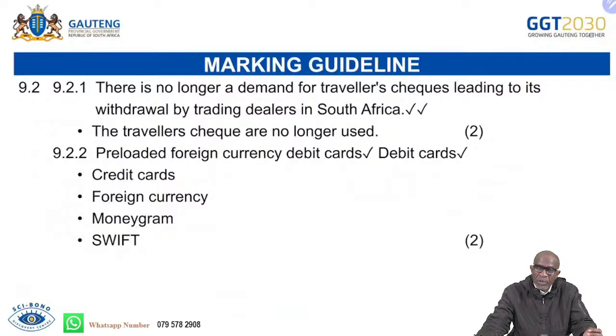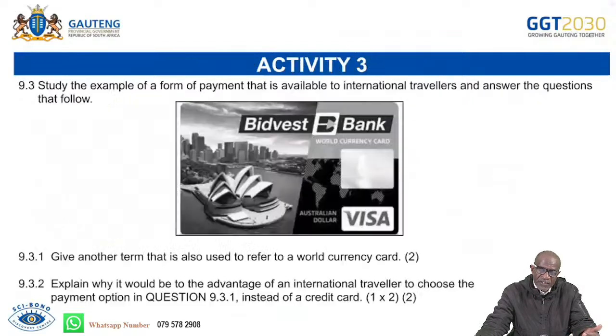That is the preloaded foreign currency debit cards, as well as the debit cards, the credit cards, the foreign currency, and MoneyGram, as well as SWIFT. So any 2 of the indicated here is suitable to replace a bank draft.